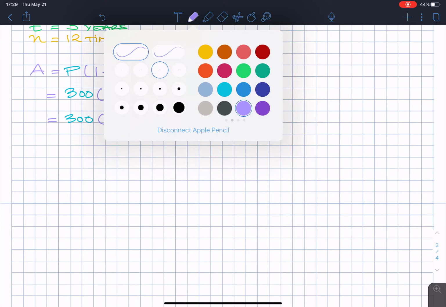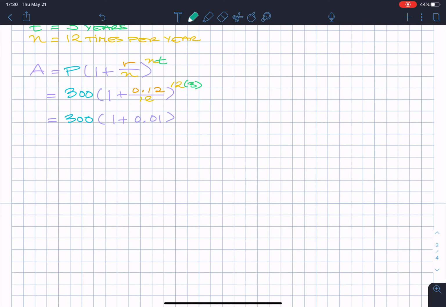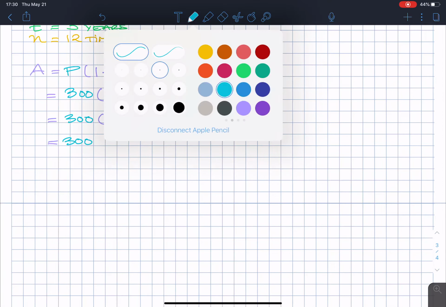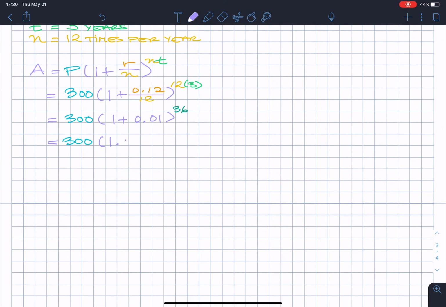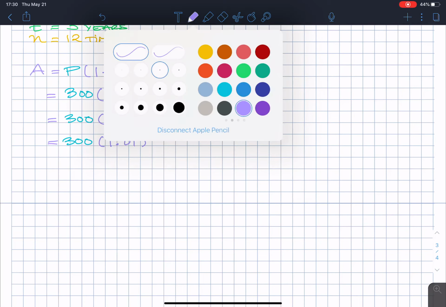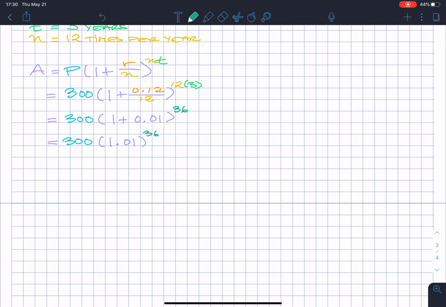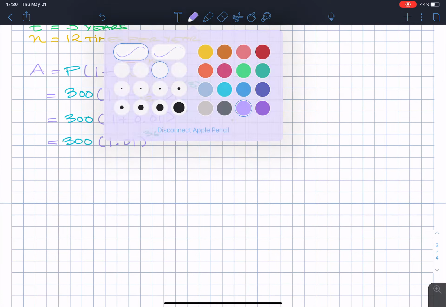And now the power is 12 times 3, which is 36. Simplifying some more, this is going to be 300 times 1.01 raised to the 36.